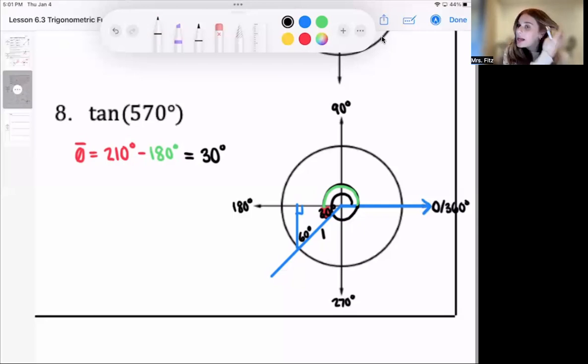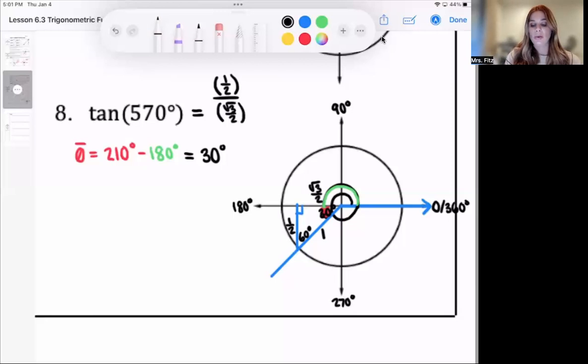So the side opposite of 30 degrees, remember, is a half. It's over here. And then on this side is root 3 over 2. Now we're in quadrant 3, so tangent should be positive. Remember, tangent is opposite, which in this case is 1/2, over adjacent, which in this case is root 3 over 2.